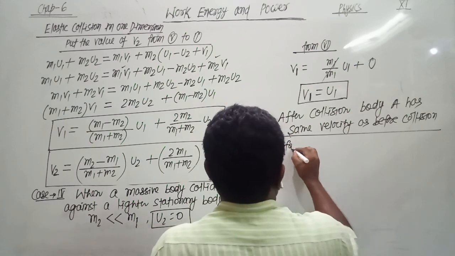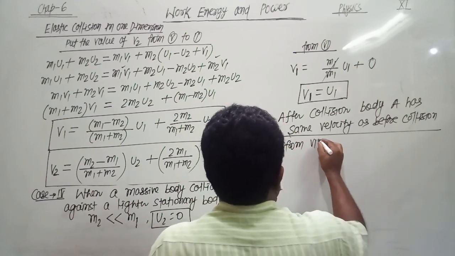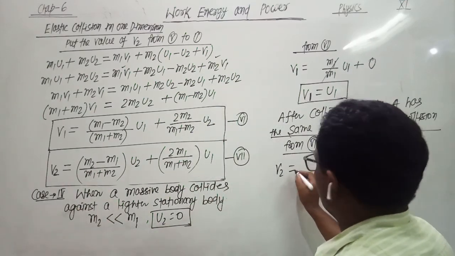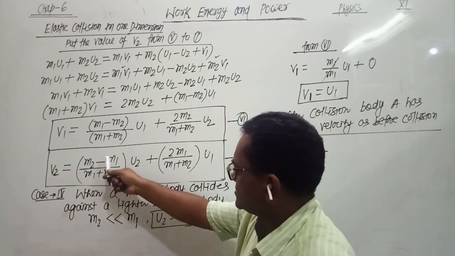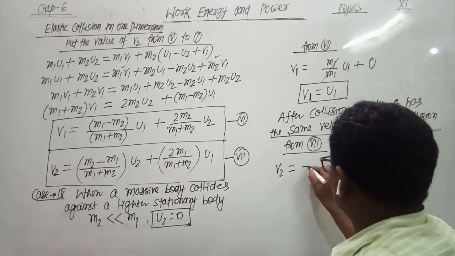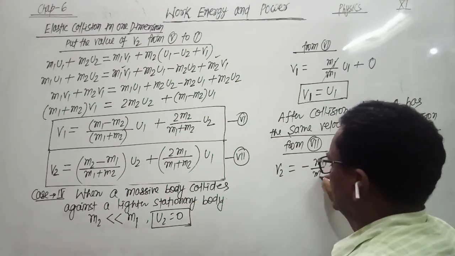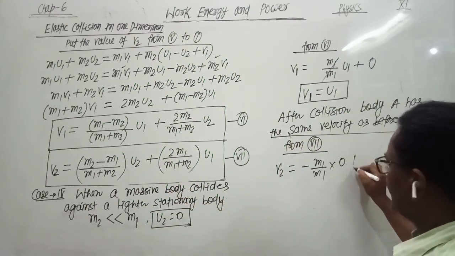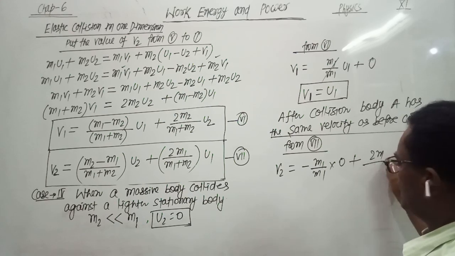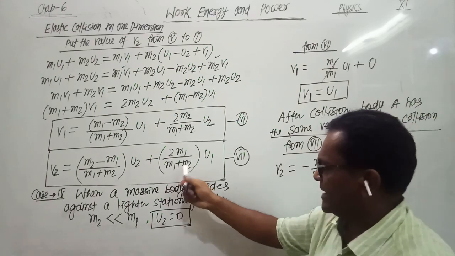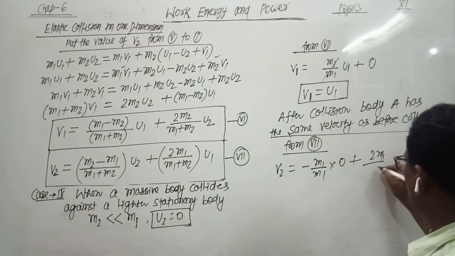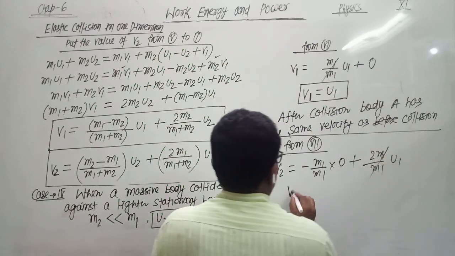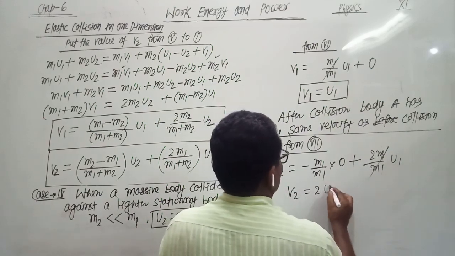And from equation number 7, we get V2 equals, M2 will be neglected, so minus M1 upon M1 into U2, means 0, plus 2 M1 upon M2 will be neglected. So 2 M1 upon M1 into U1. M1 cancelled and we get V2 equals 2 U1.